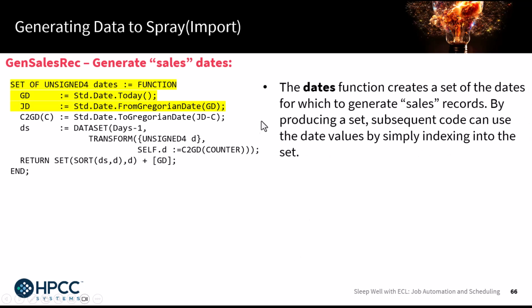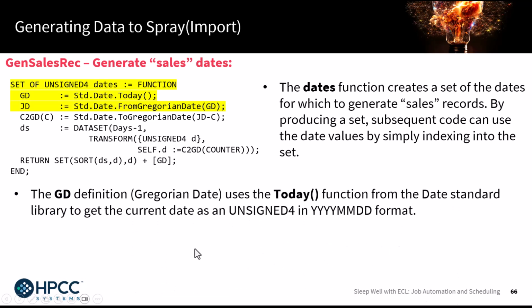And we also have a dates function here, which remember we were going to be generating different days of sales. So the dates function creates a set of these dates for which to generate sales records. And by producing a set at the end of this, the function returns a set. Subsequent code can use the date values by simply indexing into that set.